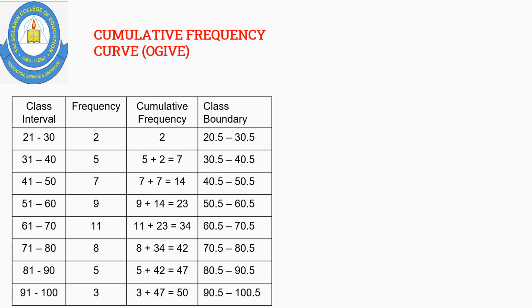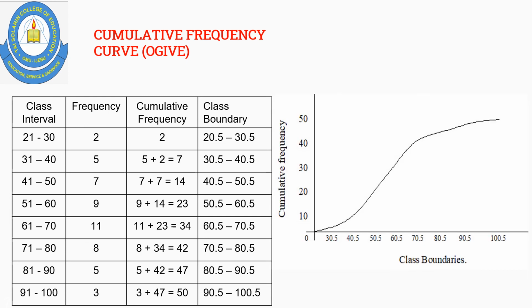This time around, 30.5 will be plotted against 2, then 40.5 against 7. At the end of the day, you join the points. So you have our cumulative frequency curve, which is an ogive.